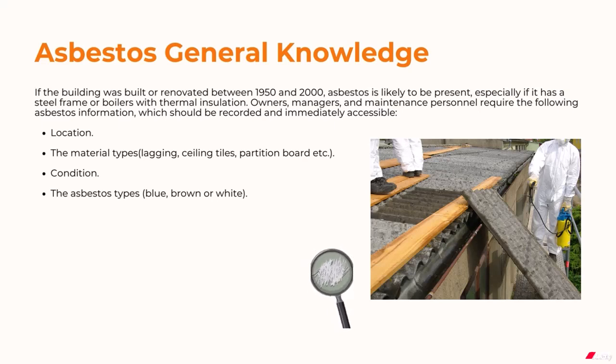Owners, managers, and maintenance personnel require the following asbestos information, which should be recorded and immediately accessible. Location. The material types: lagging, ceiling tiles, partition board, etc. Type. The asbestos types: blue, brown, or white.